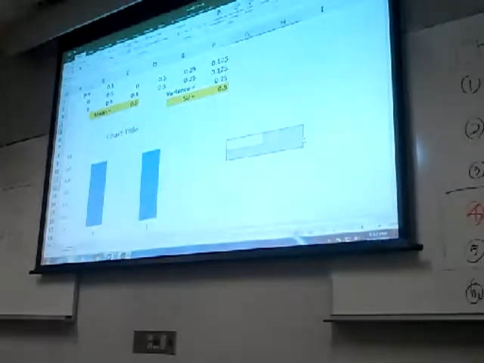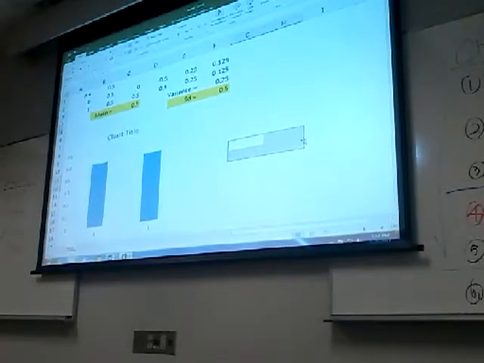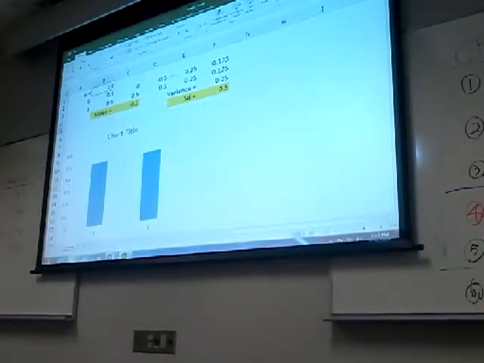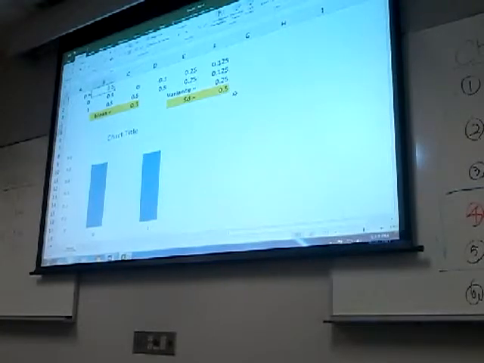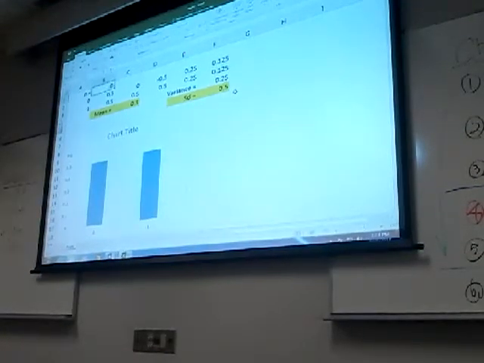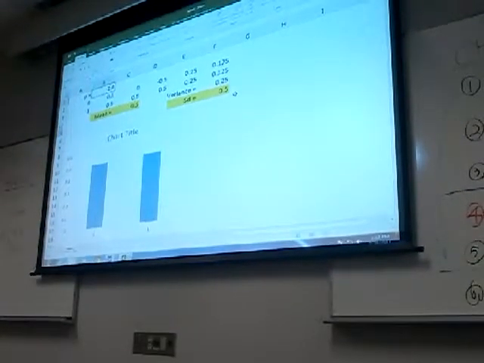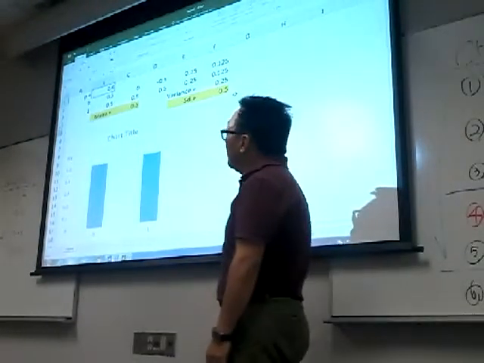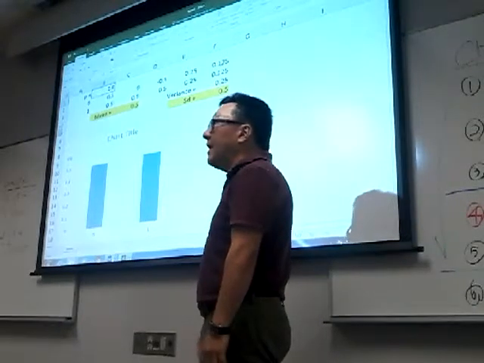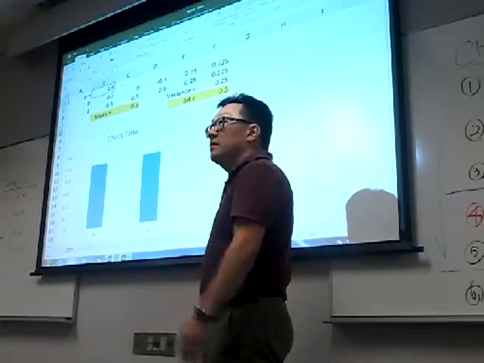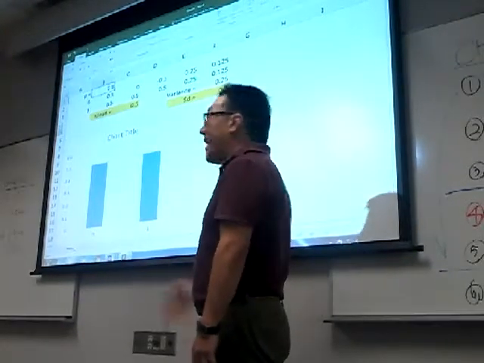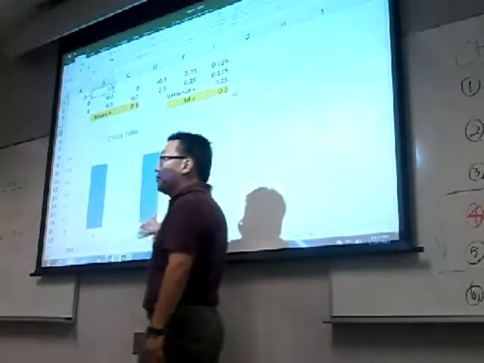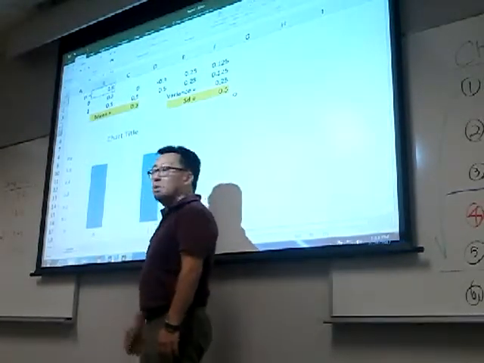Look at this. When I change the probability of success, it's not 50-50. I didn't click enter yet. When I change the probability to 0.8, what do you expect? What happens on the histogram? They're not going to be the same.